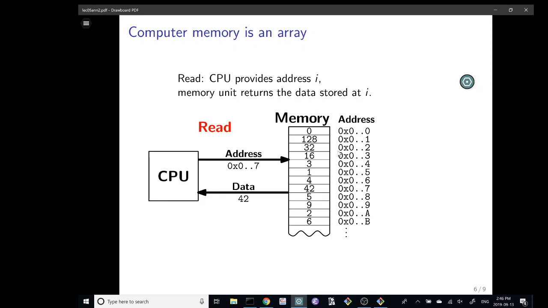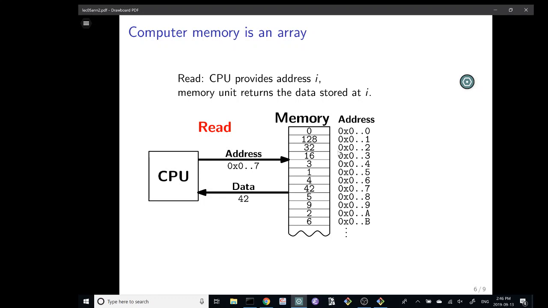Then the memory unit fetches the contents of the array at that location, 0x0 blah blah blah 7, which in this case is 42, and sends it back along the data bus. And then the CPU gets it, and it does whatever it needs to do with it. That's a read from memory.